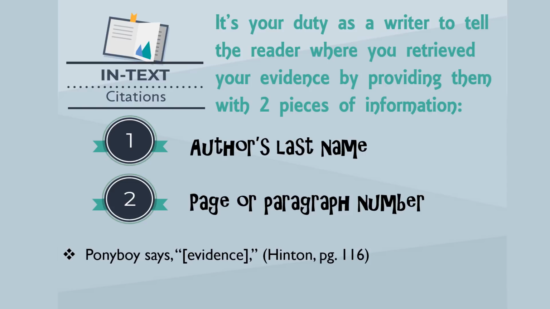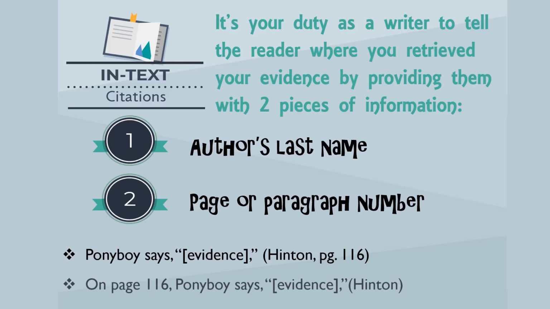There are three ways that we could format this in our writing. Probably the best way to do it would be this first option, by having that introductory phrase, Ponyboy says, giving your evidence, and then at the end having in parentheses the author's last name and the page number. However, you do not have to go this route.